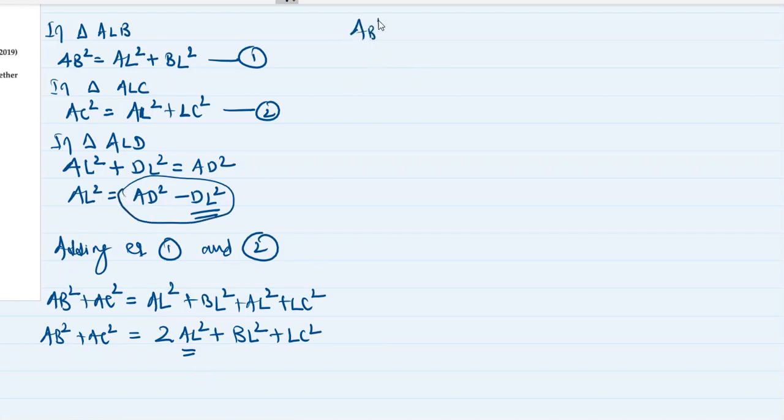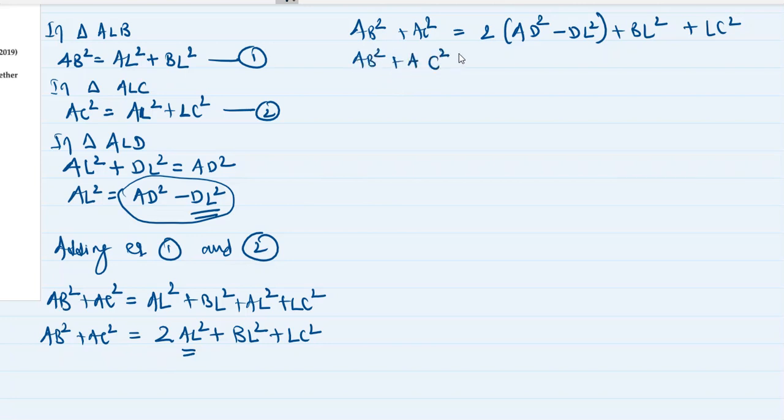So AB square plus AC square is equal to 2 bracket, in the place of AL square I'll write AD square minus DL square, plus BL square plus LC square. So AB square plus AC square is equal to 2AD square minus 2DL square plus BL square plus LC square.